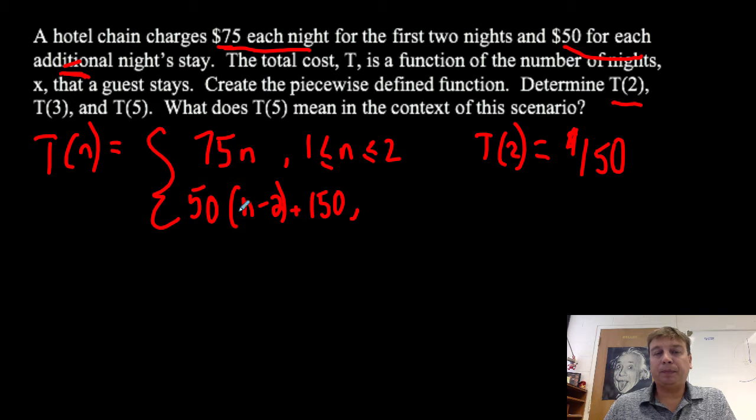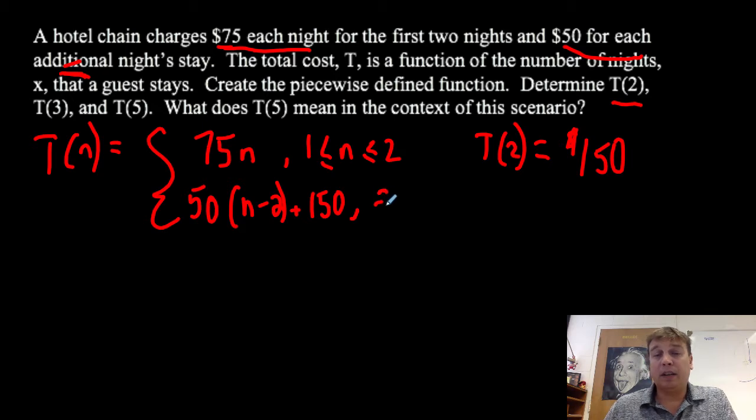Let's make sure that this makes sense. $150 was the first 2 days, and $50 for every day past that original 2. So for 3 and above, it's going to be this. We're not going to deal with any half days or anything along those lines, but we are still going to make sure that we have a function.